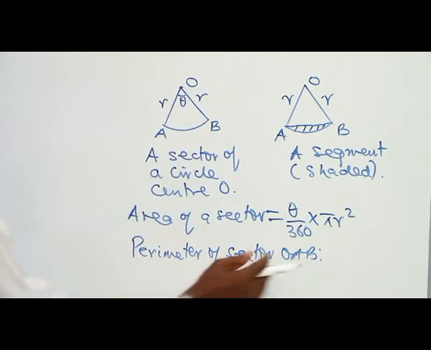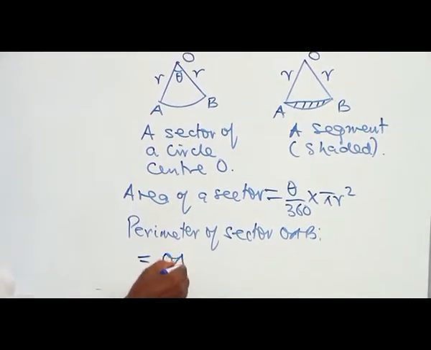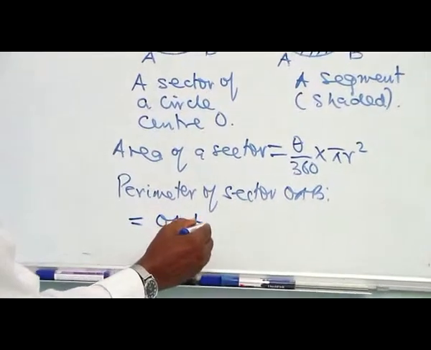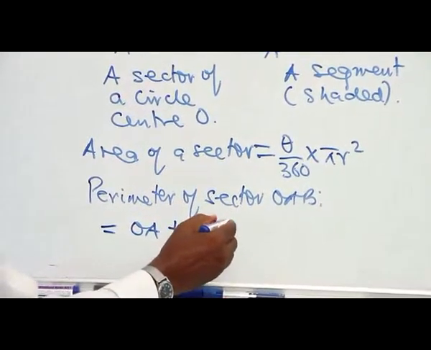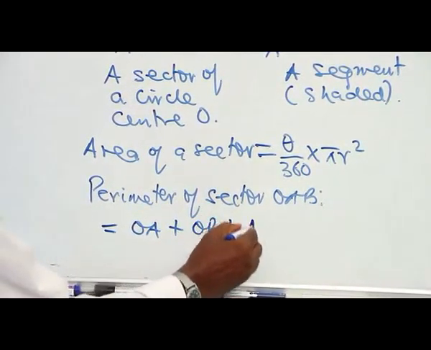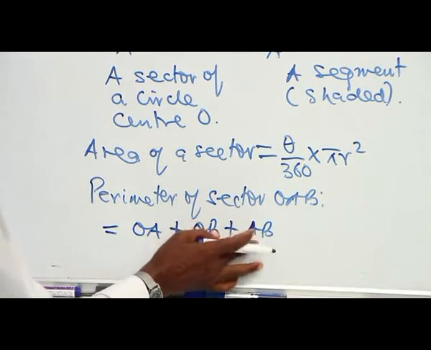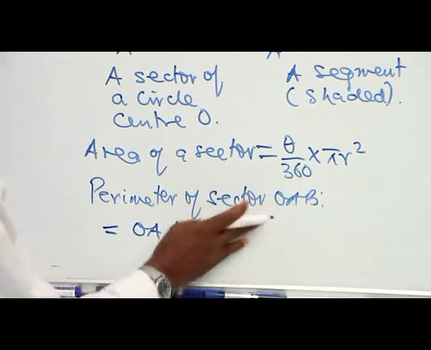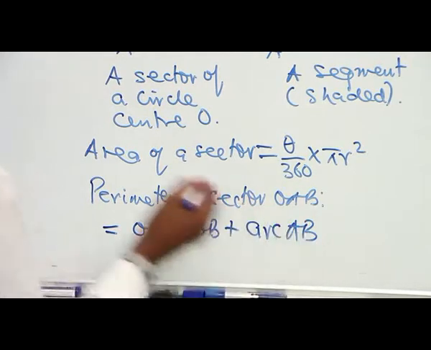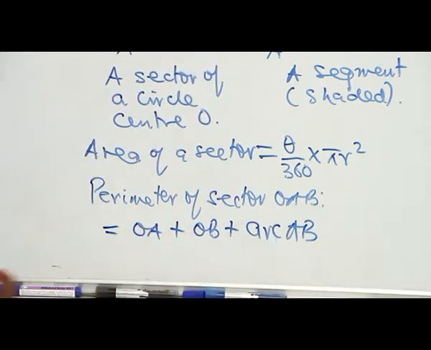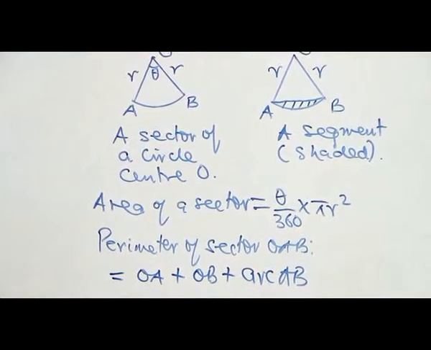So, of course, this will be equal to moving from O to A, and moving from O to B, and then moving from B to A, or A to B. And our AB here is not a straight line, so let me write it. It's an arc. So it's moving along the arc, from the point A to B, which is along the circumference of that circle, or the sector.